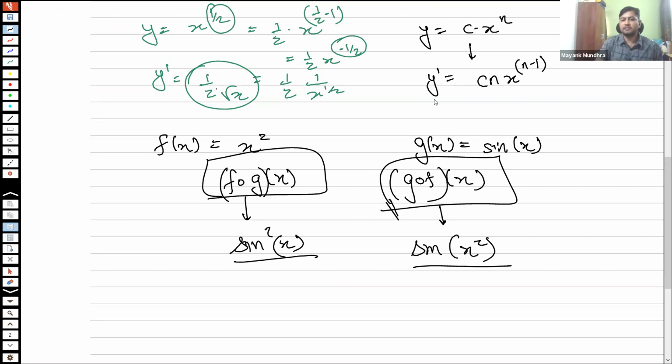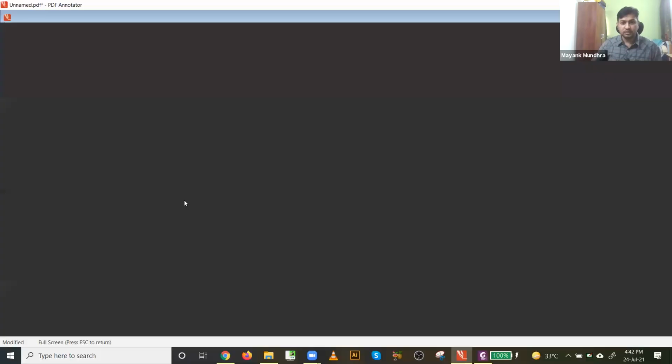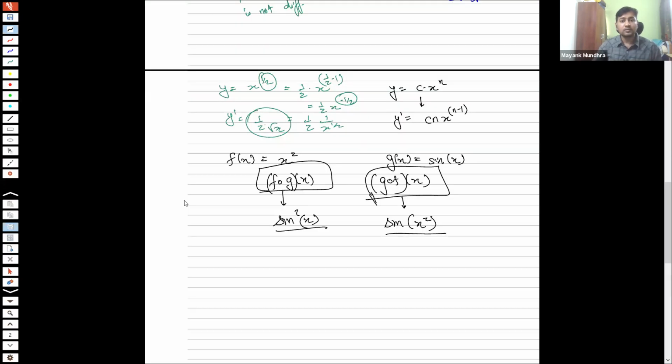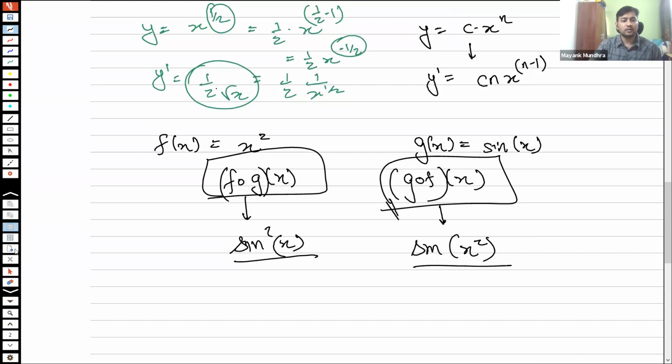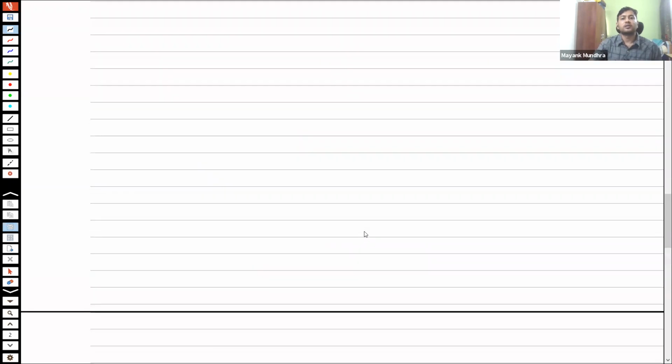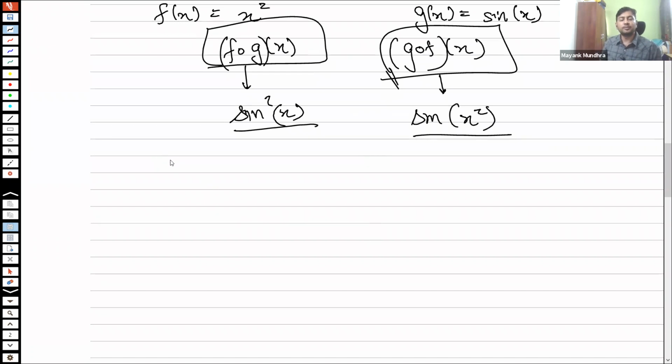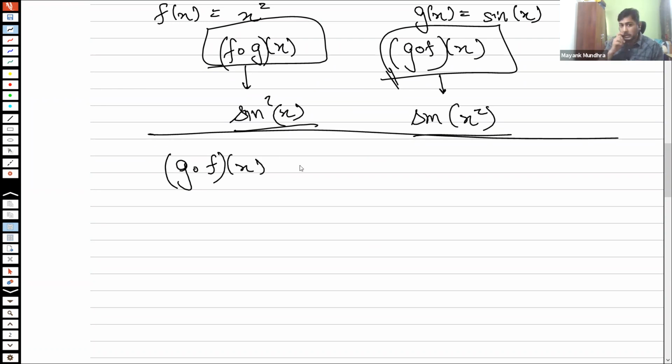So suppose I am interested in g of f of x. I am interested in the derivative of this function. So what is the derivative of this function?